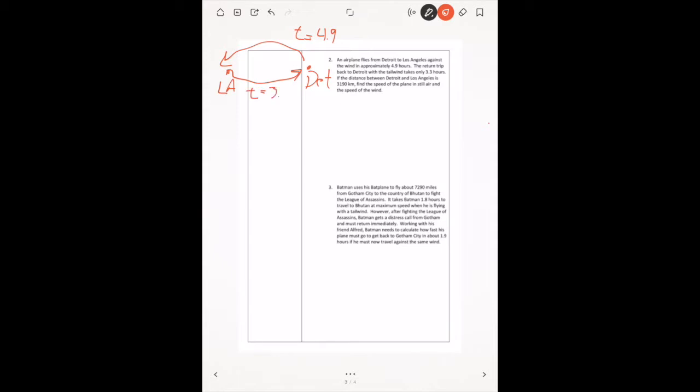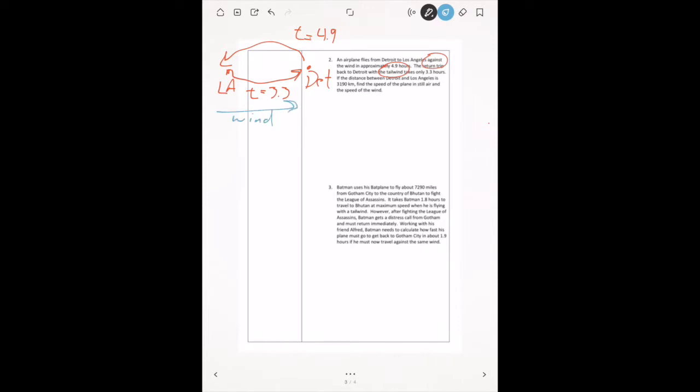Time equals 3.3. Now notice here it says tailwind. So that means the wind's at our back. And when we go to LA, we are flying against the wind. So the wind is moving from LA to Detroit. It's blowing in this direction.